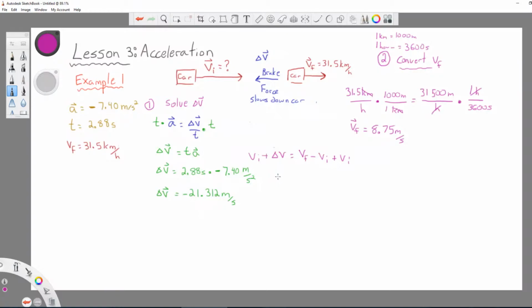And so we're going to have VF is equal to VI plus delta V. And then to get VI all by itself, we're subtracting delta V, and up here, we're going to subtract delta V. So we're going to have VI is equal to VF minus delta V. All right, I missed a whole bunch of hats up here, but I hope that gets the point across.